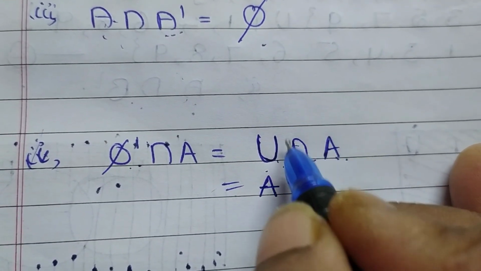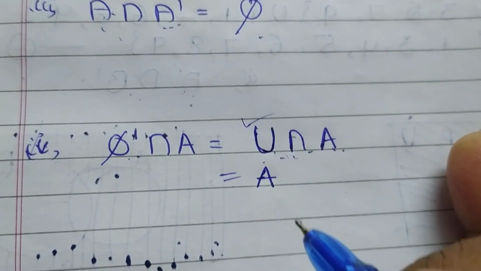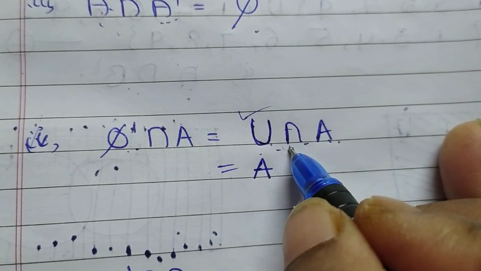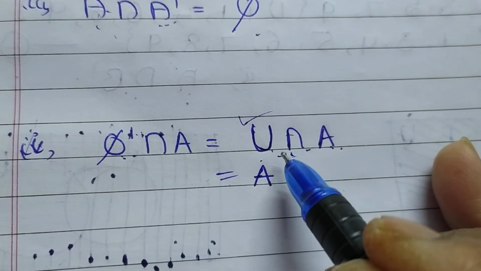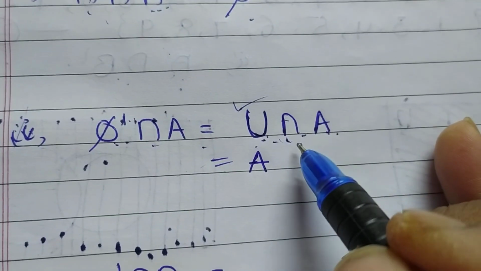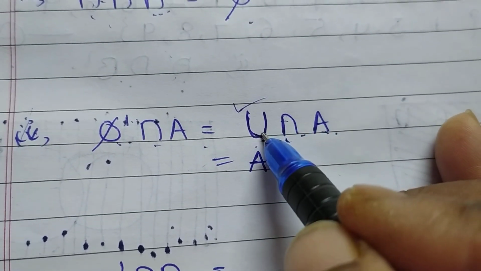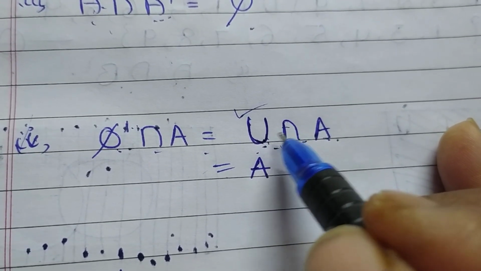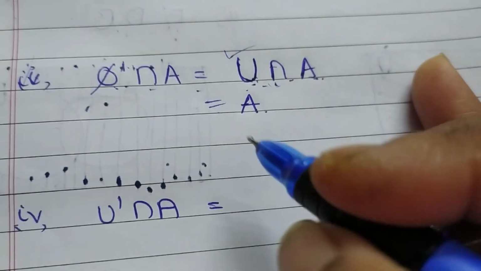Suppose it is the union, then all elements you will be getting, and it will be the universal set. Here they gave the intersection. So null set complement equals the universal set intersection A. A is a subset of the universal set; any set will be a subset of the universal set. If you find their intersection, you are going to get the smallest set.